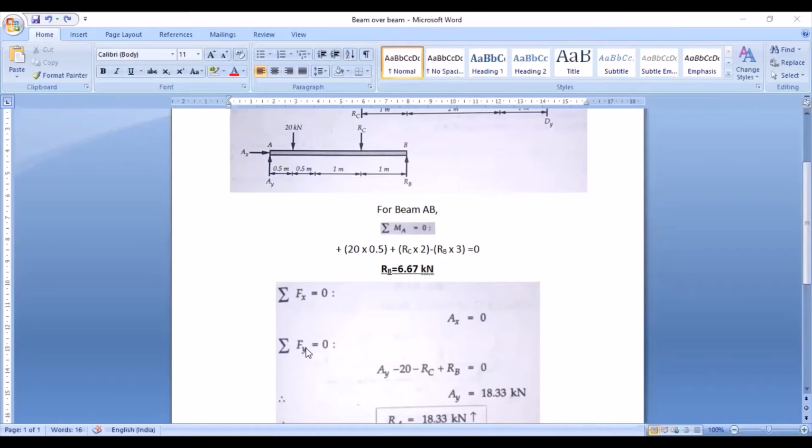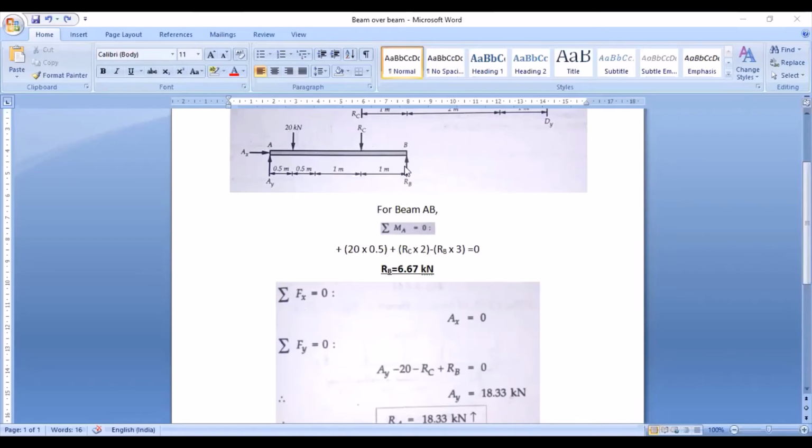Now next is sigma Fy, combining all the vertical forces. The total is 4 vertical forces, upward forces positive, downward forces negative. The first one is Ay acting upwards, taken with positive sign. Next, 20 kilonewton, acting downwards, taken with negative sign. Rc, which is acting downwards, taken with negative sign.